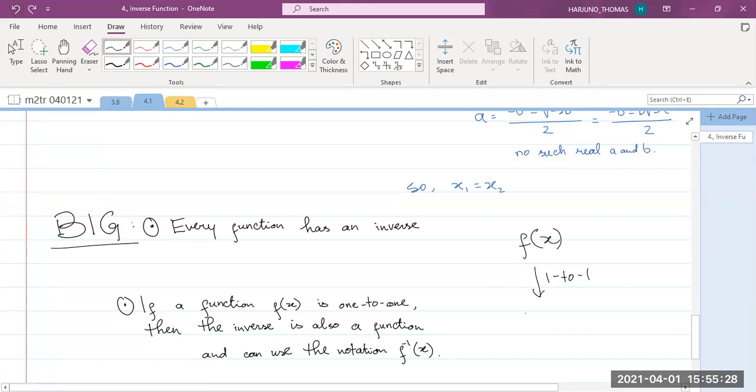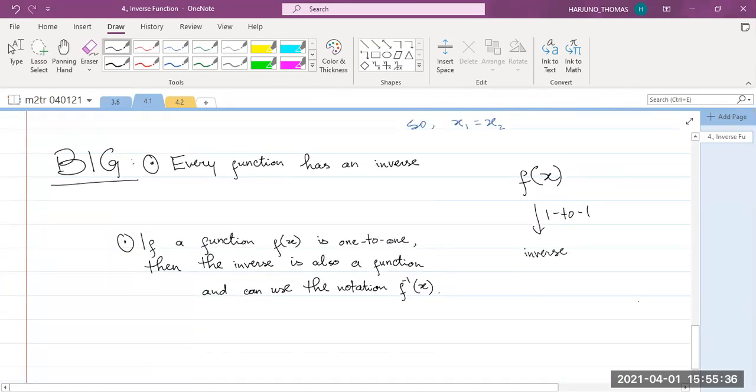But that's actually not true. A function doesn't have to be one-to-one for us to talk about the inverse. No, it doesn't have to be.